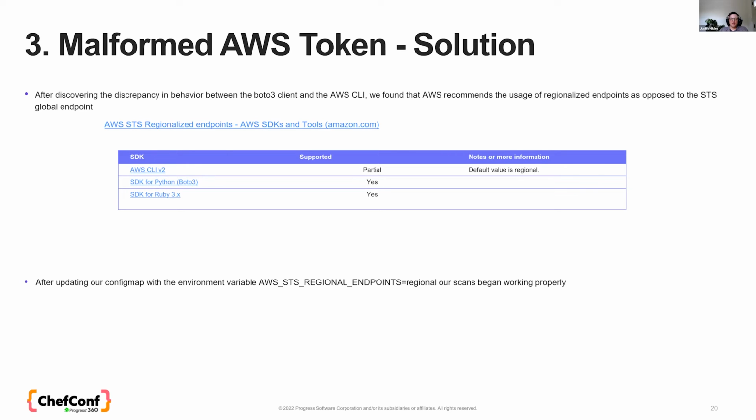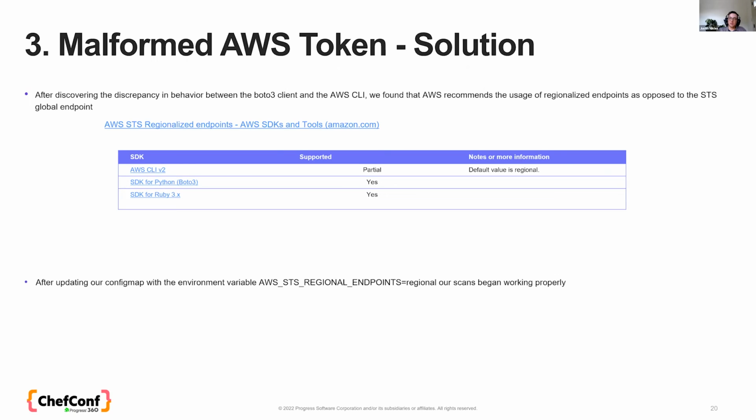If you notice here in this table, which is from the linked documentation, the AWS CLI defaults to using regional endpoints for STS, which AWS recommends using as opposed to the global endpoint. So the token is generated using regionalized endpoints, but the Boto3 client does not default to regional. It defaults to using global.